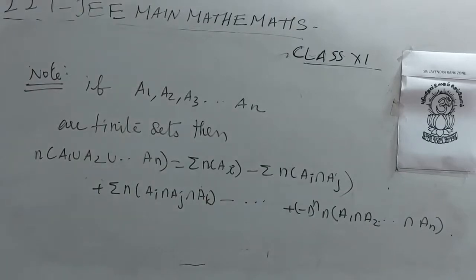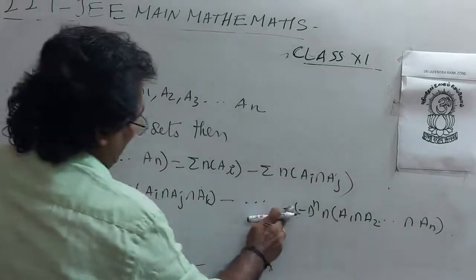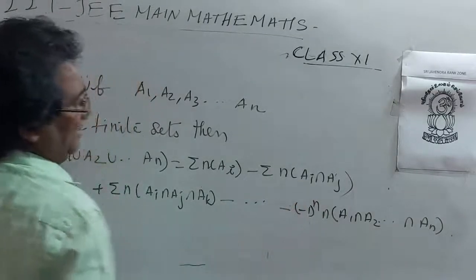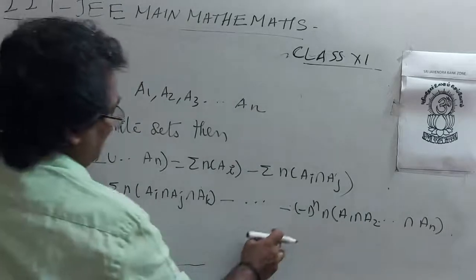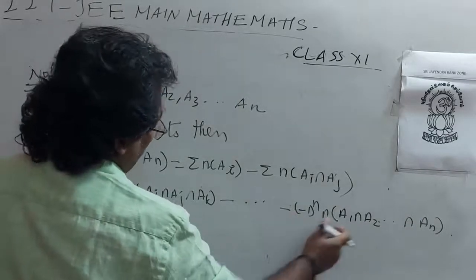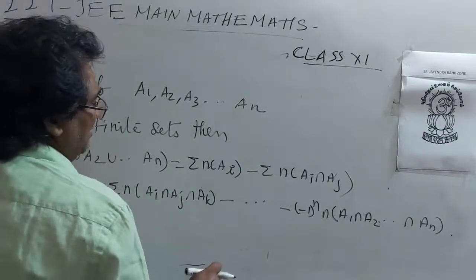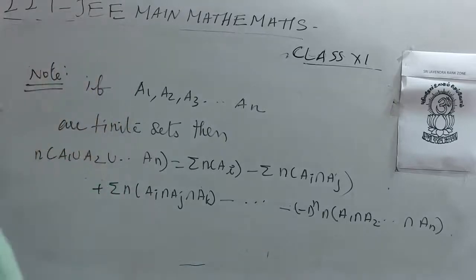The last term has the sign of minus 1 whole power n plus 1. If we have two terms in the intersection it ends with a minus sign, and if we have three terms it ends with a plus sign.